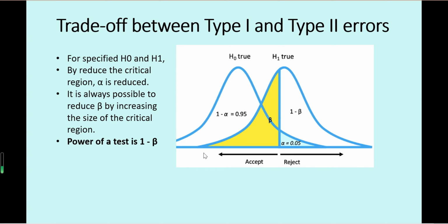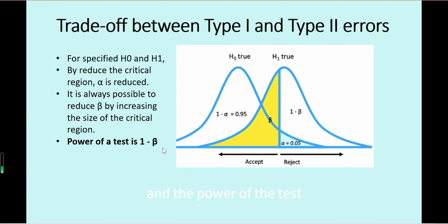But actually H1 is true, so we have this shape for the density. This area is the type 2 error, beta. We do not reject, but actually we should, because H1 is true. We should reject, but we did not because the sample positives fell below this limit. This is the wrongly non-rejecting area.